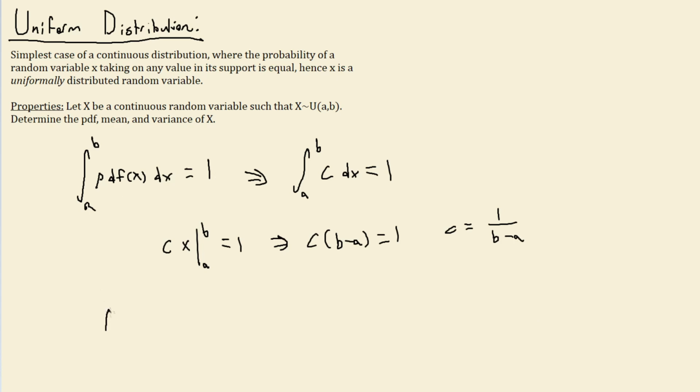So we find that the probability density function is equal to 1 over b minus a. So for a uniform distribution, the probability density function is just 1 over b minus a, where b and a are the bounds of the support for our uniform distribution. All right, so that's our PDF figured out for a uniform distribution.